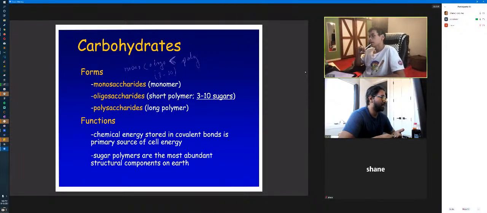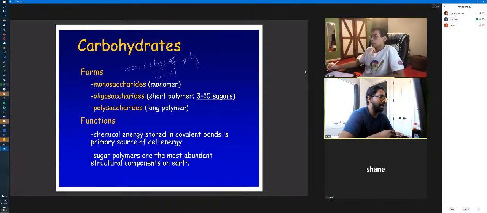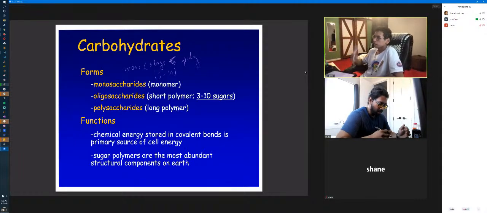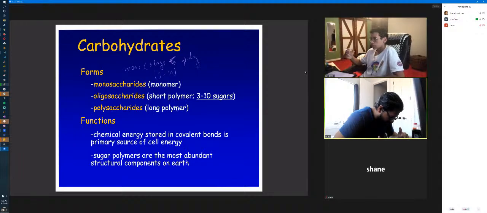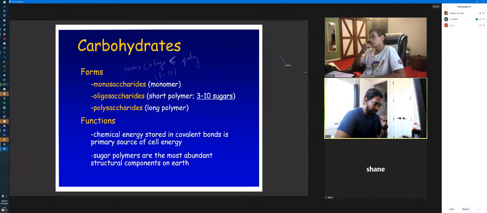Okay. Now, chemical energy. Stored in covalent bonds. Sugar polymers are the most abundant structural components on Earth. Should I write any of that? Let's see if I can write. Oh, cool. I can draw there too.